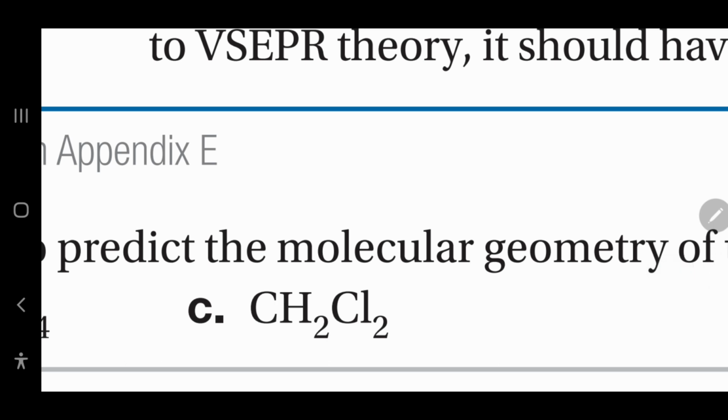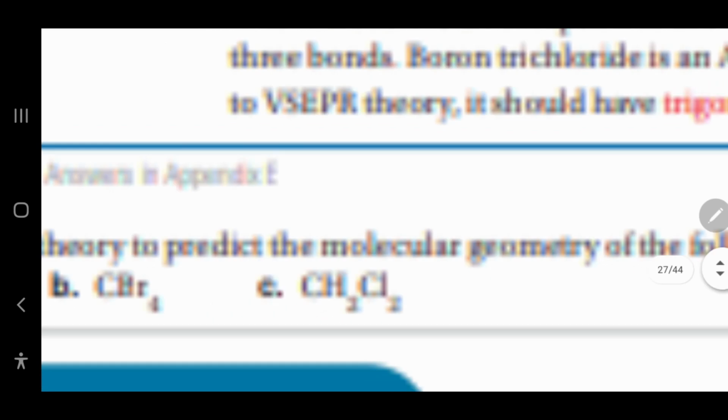And here, if you have this one, CH2Cl2. Now we have 2 atoms of hydrogen with 2 chlorine atoms. So it doesn't matter if the atom's identity is changed. Finally, we will have one central atom with 4 different atoms around it. So we will have also AB4. So the shape of this compound will be tetrahedral.